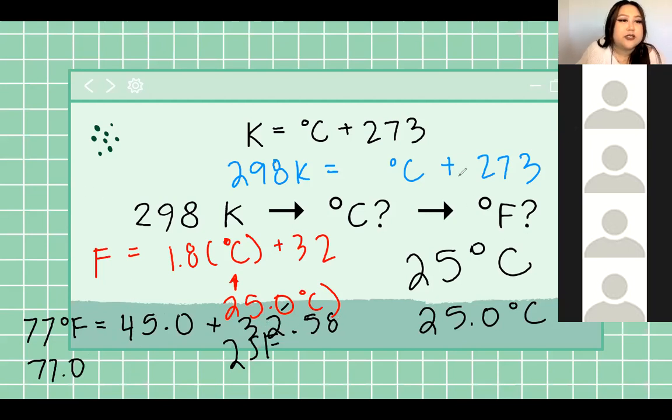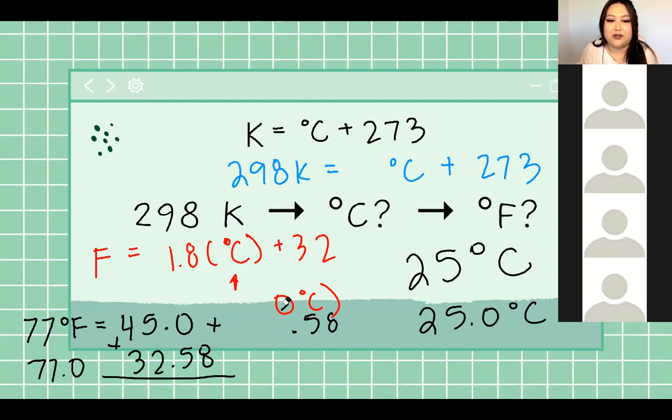For addition and subtraction, it would be based on the decimal spots. Maybe it will help if I write it this way. Let me clear that for more room.